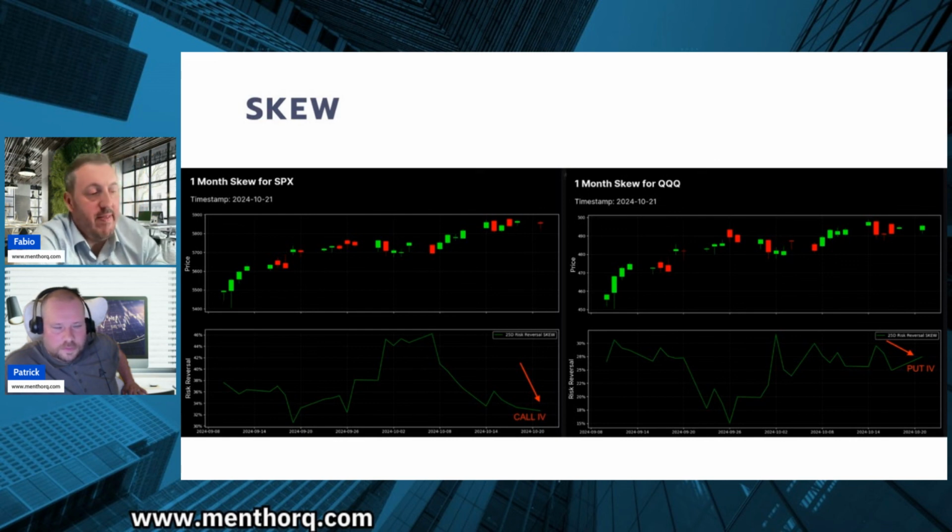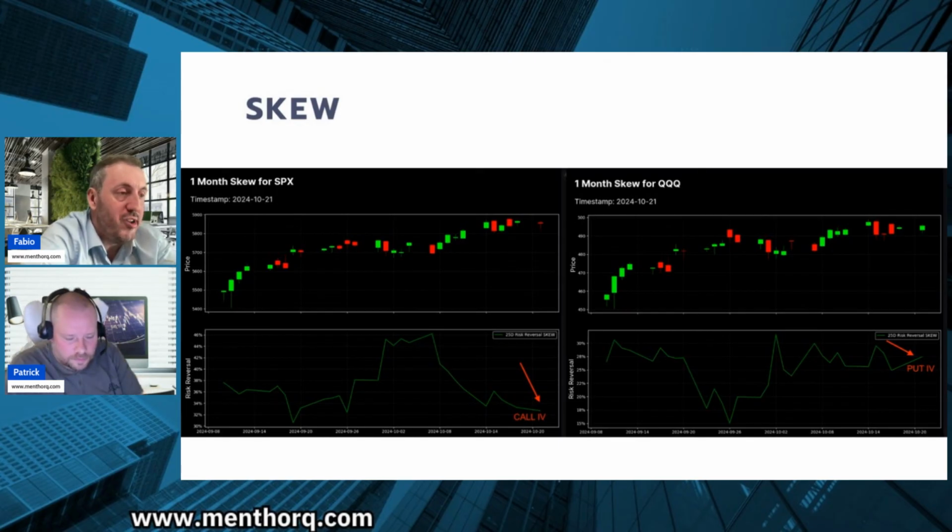The idea here is that there seems to be more wariness in the tech space because of the earnings, where there's a lot of hedging activity on the QQQ side, but not really on the SPX side.